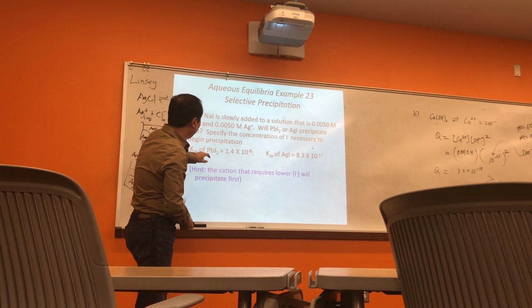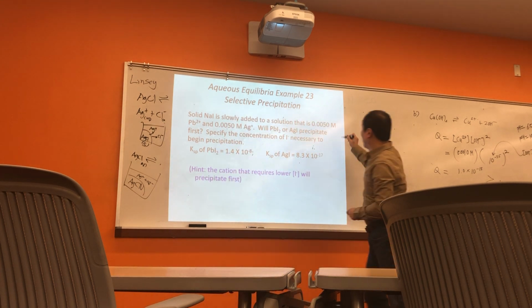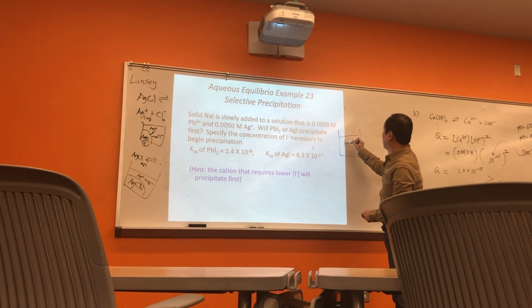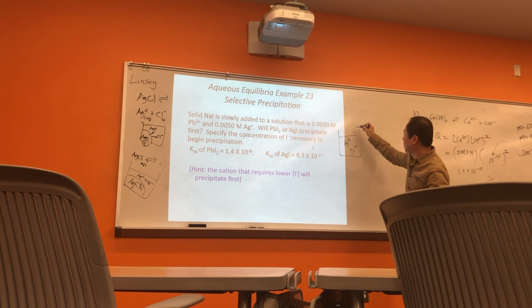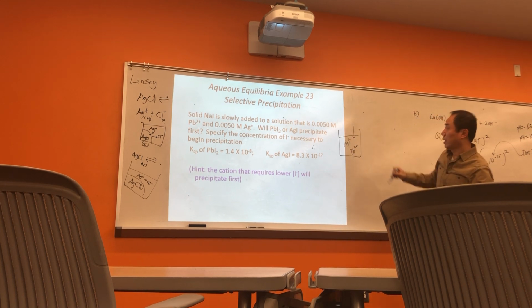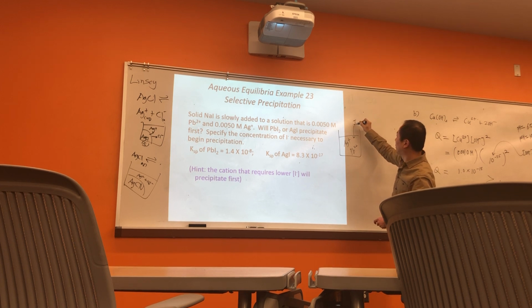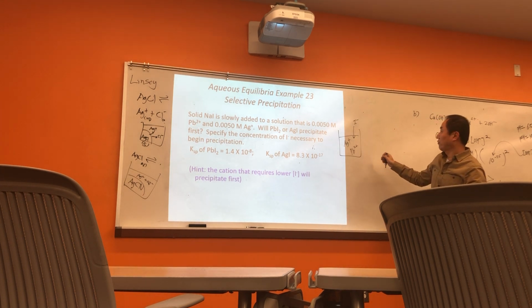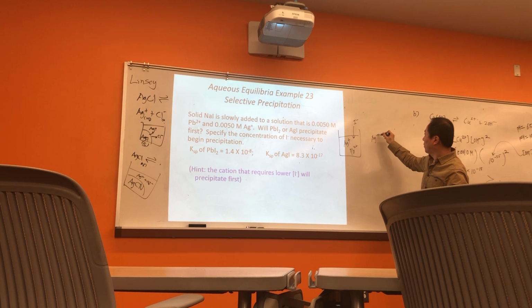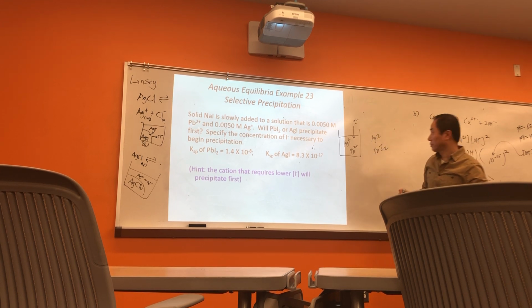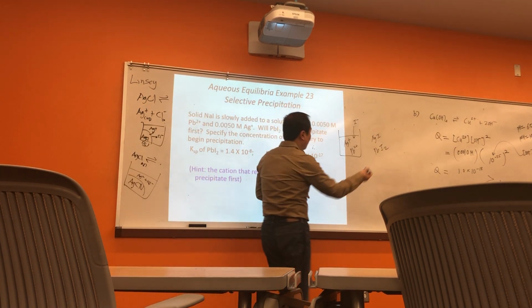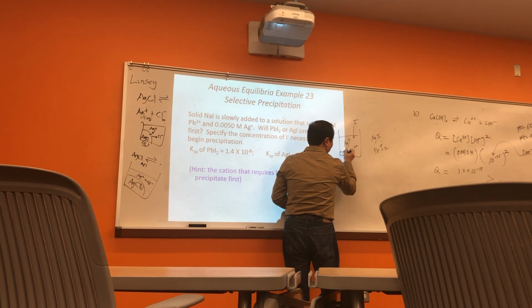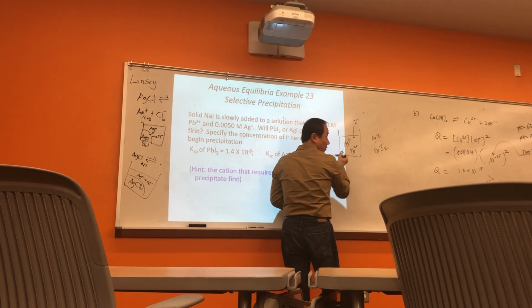When you have silver and lead ion, and you're adding iodide, you can form either AgI, silver iodide, or lead iodide. Okay. The question is, which one will fall first? Which one becomes a solid first?